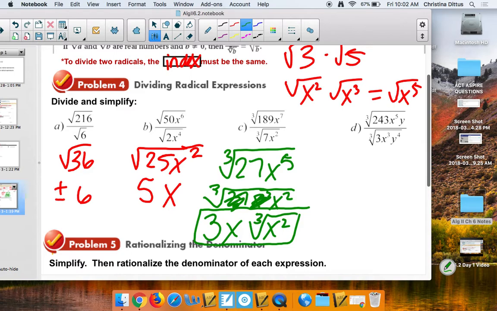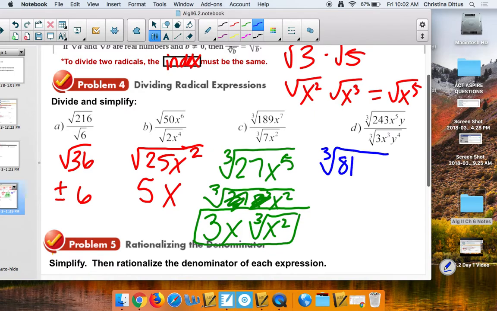Okay. Are we good on C? Okay. Stick with me, D's a little bit more complicated. First things first, index, we okay? Yeah. 243 and 3. 81.